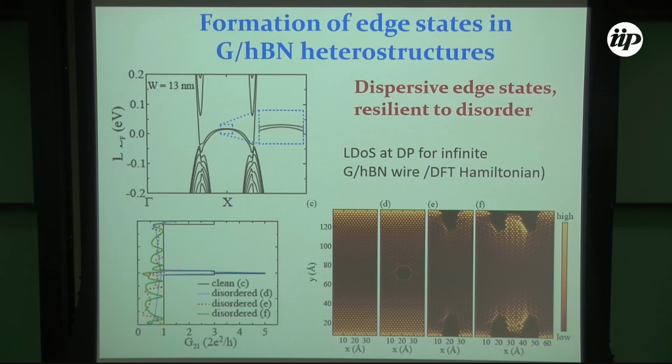So this dispersion is at the origin of the possibility for transfer of information inside the channel. And this is, for instance, a plot of the local density of states. So we image those edge states and their robustness with respect to edge disorder or bulk disorder, something like that.